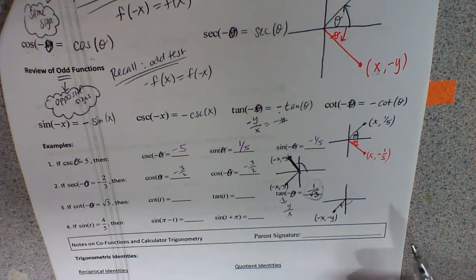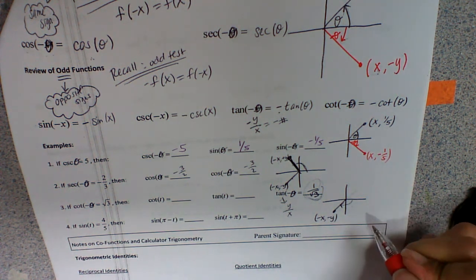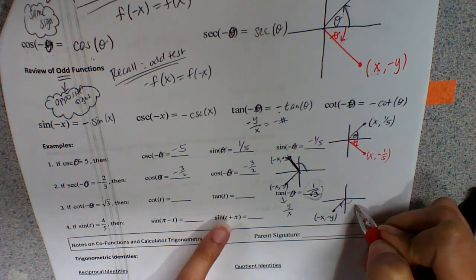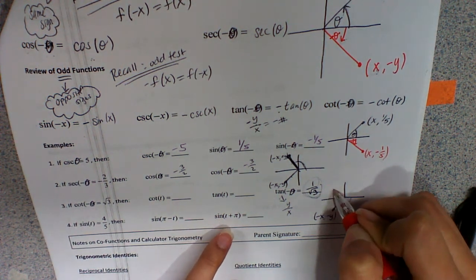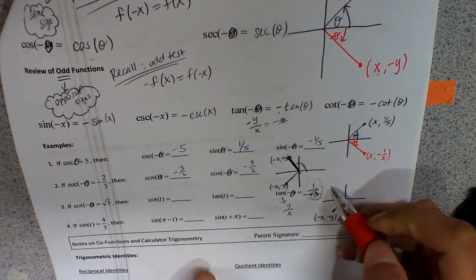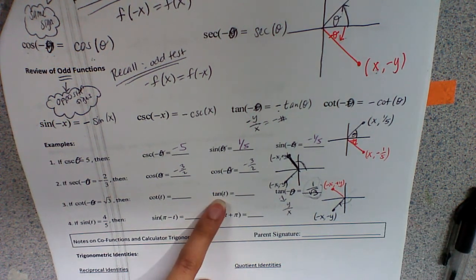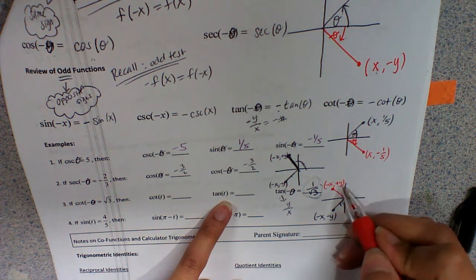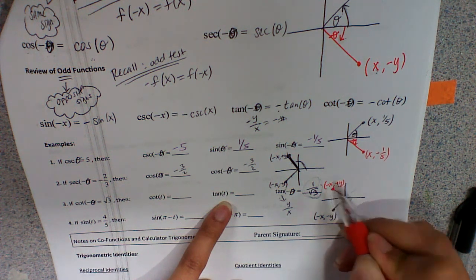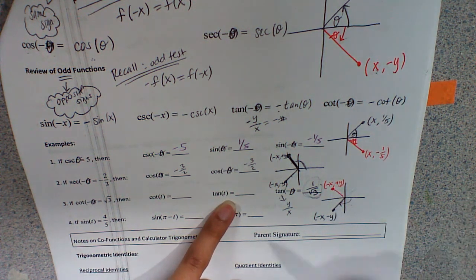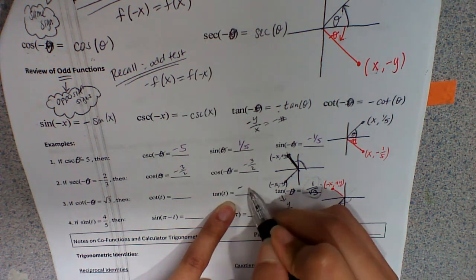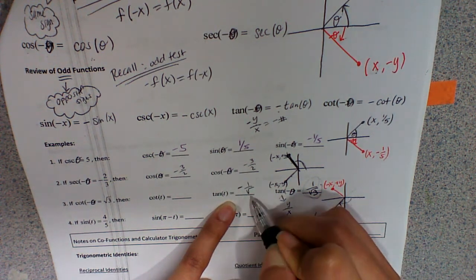Now, if I want the positive of that angle, which would be right over here, up here we have negative x but positive y. So what happens to tan of a positive angle? If I have a positive y and negative x, I end up with negative 1 over square root of 3.